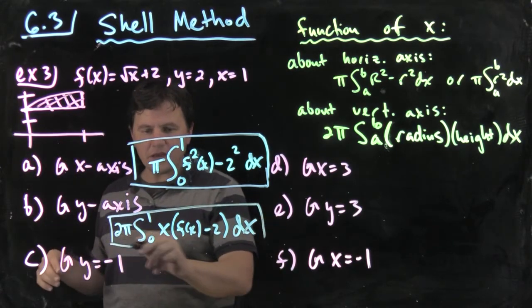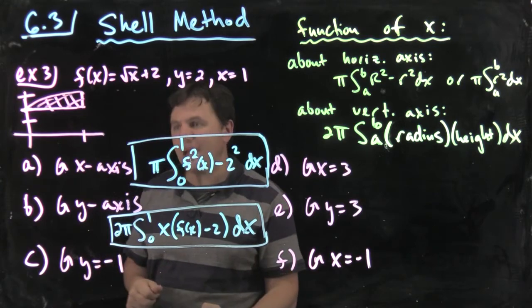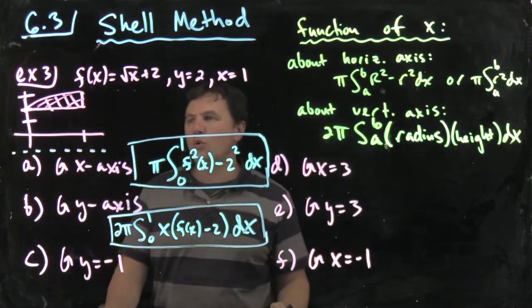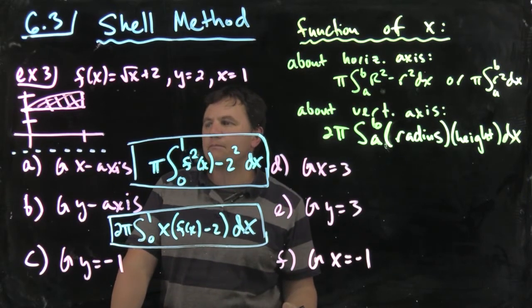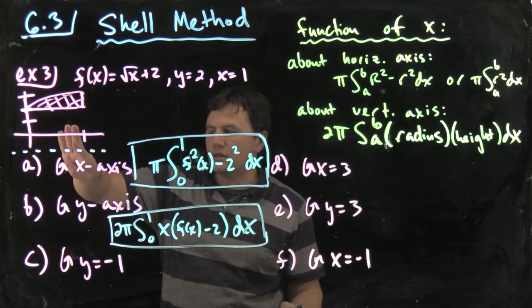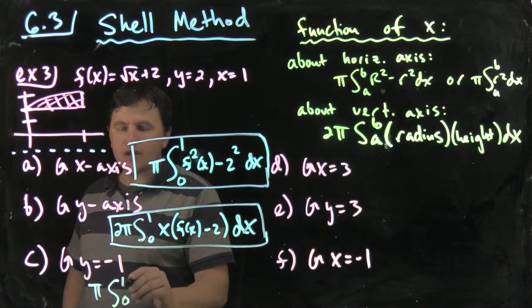And like I said, if I make an error, please point it out to me when we get to class. Y equals -1. Once again, that's a horizontal line. Since it's below, I'm going to go region minus the axis. So pi, 0 to 1.